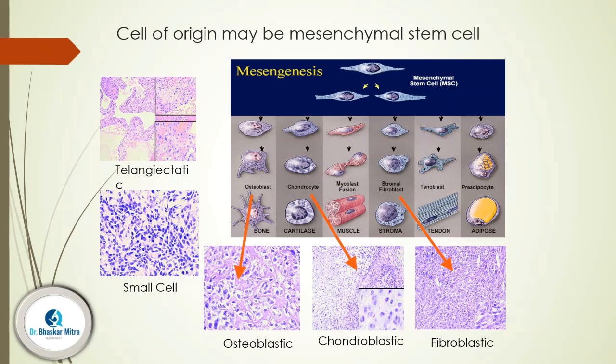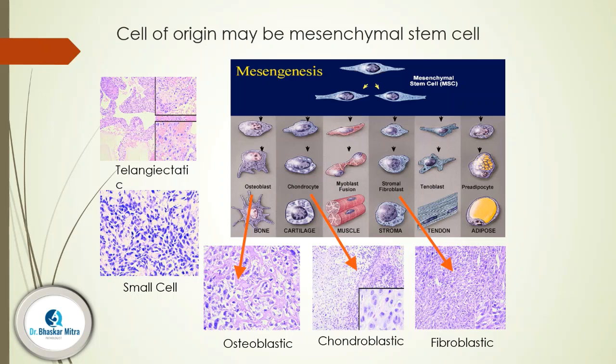There may be myoblasts or muscle forming cells which ultimately give rise to the striated muscles of the body. There may be stromal cells or the stromal fibroblasts giving rise to the fibroblastic lesions. There may be tendoblasts which will give rise to the tendons, and the lipoblasts ultimately giving rise to the adipocytes. So as per origin or as per histogenesis of the lesions, we divide it into the major groups. First is the osteoblastic, the bone forming one. Then comes the cartilage forming one or the chondrocytic lesion.